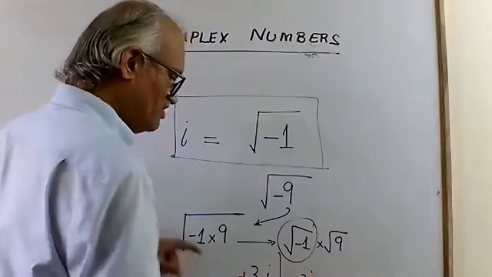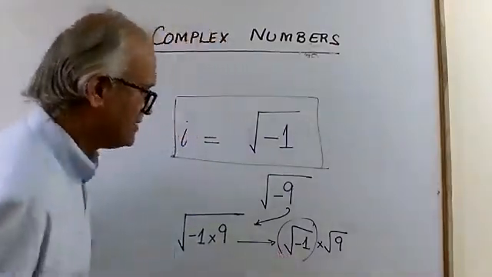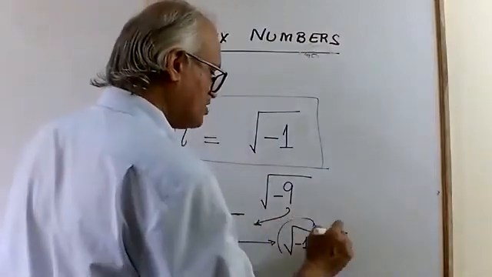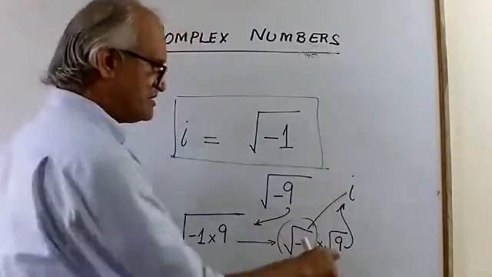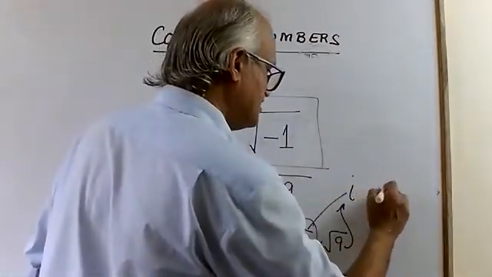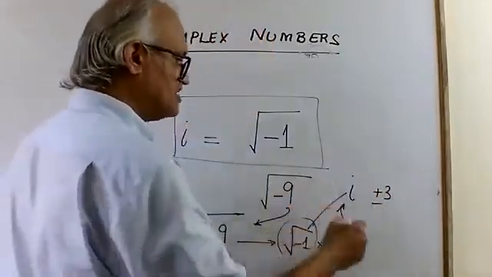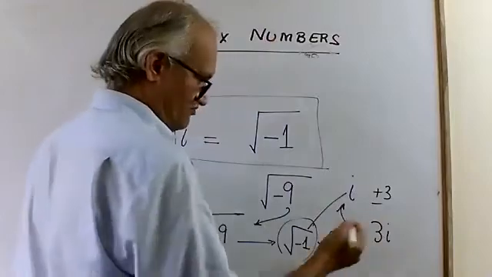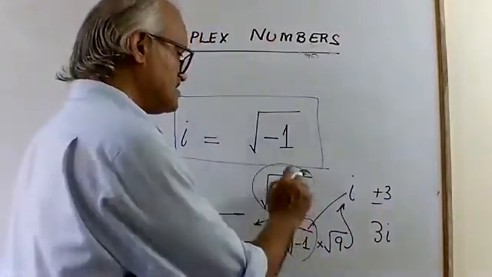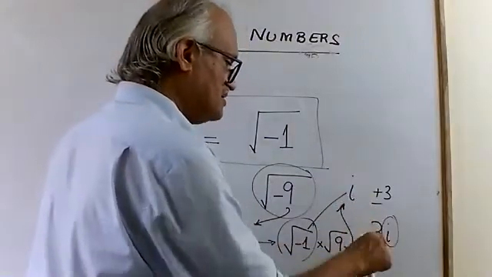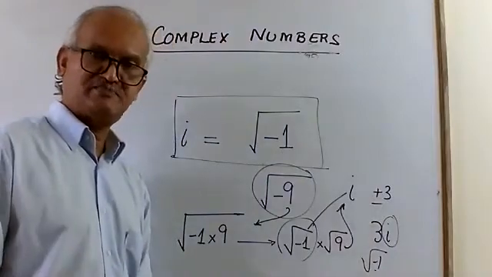So this part becomes i and this part can be +3 or -3. And so I can write the answer as 3i with a positive sign or 3i with a negative sign. That gives me a solution to this. This part gives me the explanation of the root of -1.